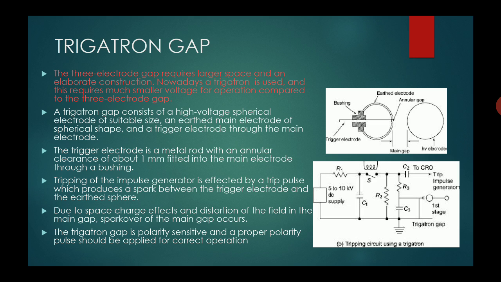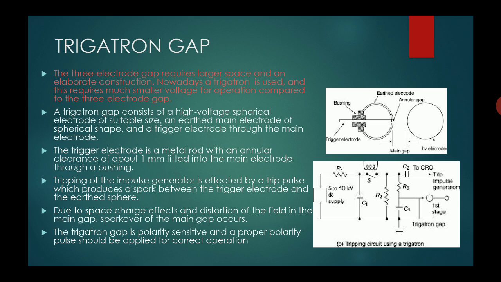The trigger electrode is a metal rod with an annular clearance of about 1 millimeter fitted into the main electrode through a bushing. Tripping of the impulse generator is effected by a trip pulse which produces a spark between the trigger electrode and the earth sphere. Due to space charge effect and distortion of the field in the main gap, spark over of the main gap occurs.